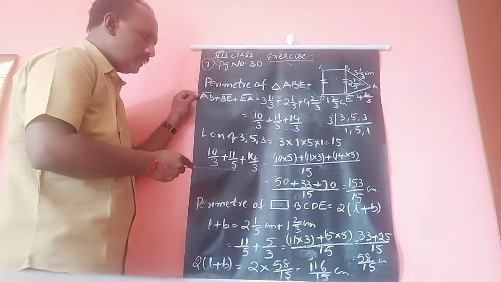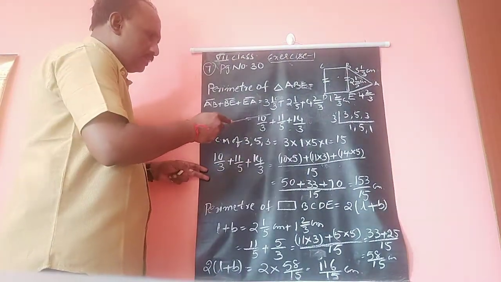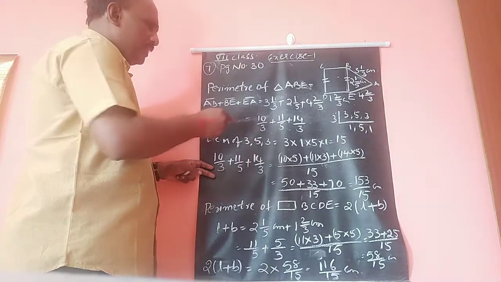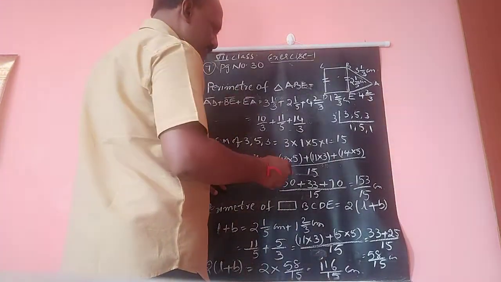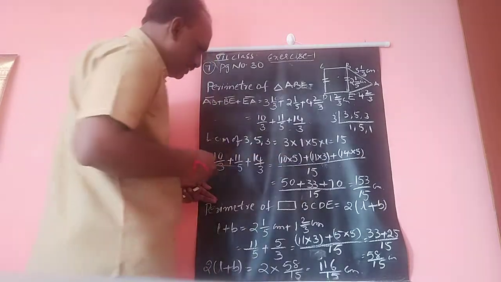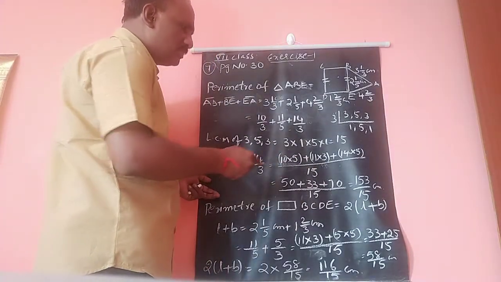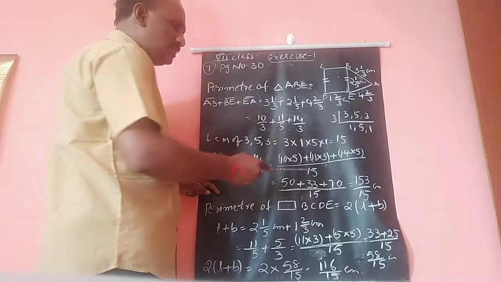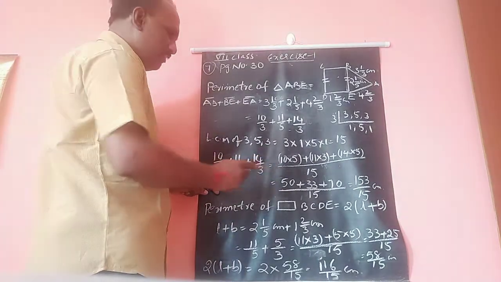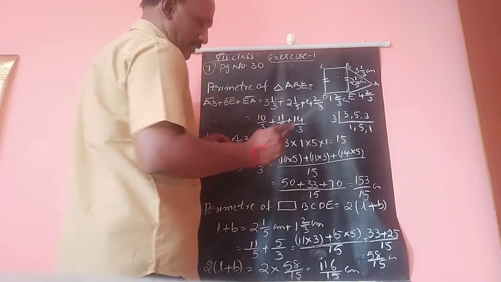Yes. Now, 10/3 plus 11/5 plus 14/3 is equal to, and the LCM is 15. The least common multiple of 3, 5, 3 is 15. That means 3 becomes 15, 5 becomes 15, 3 becomes 15.